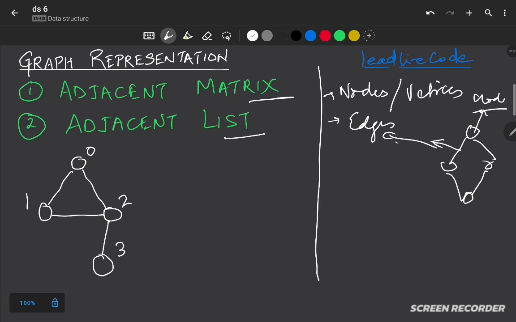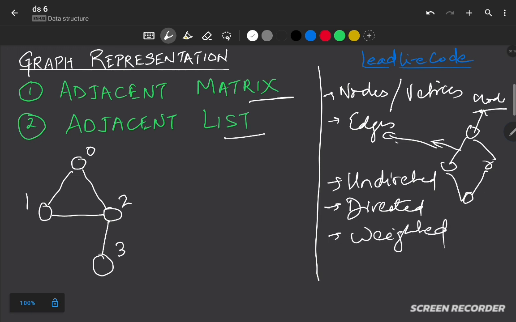There are basically four types we had discussed: undirected, directed, weighted, and unweighted. And we had discussed real world scenarios or examples of it.